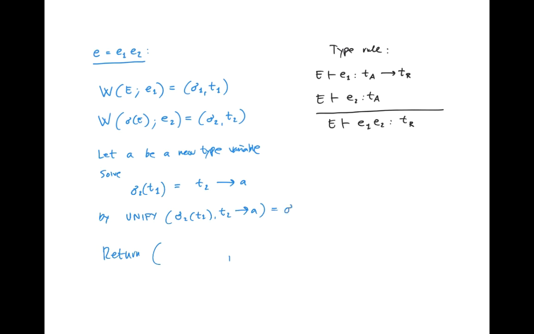So what we do is we take sigma, and then we apply sigma 2 to that, and then we apply sigma 1 to that. So that's our substitution, and the type is sigma applied to A. Well, that's the case if something failed. One of the W calls or unify failed, then we fail. So that's the case for application.